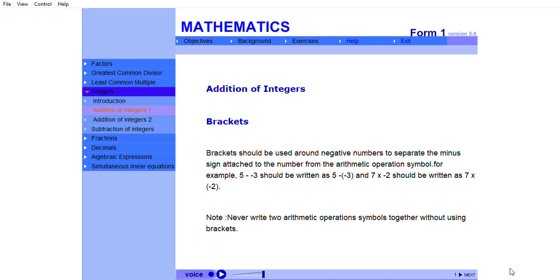For example, 5 minus -3 should be written as 5 minus (-3), and 7 times -2 should be written as 7 times (-2). Note, never write two arithmetic operation symbols together without using brackets.